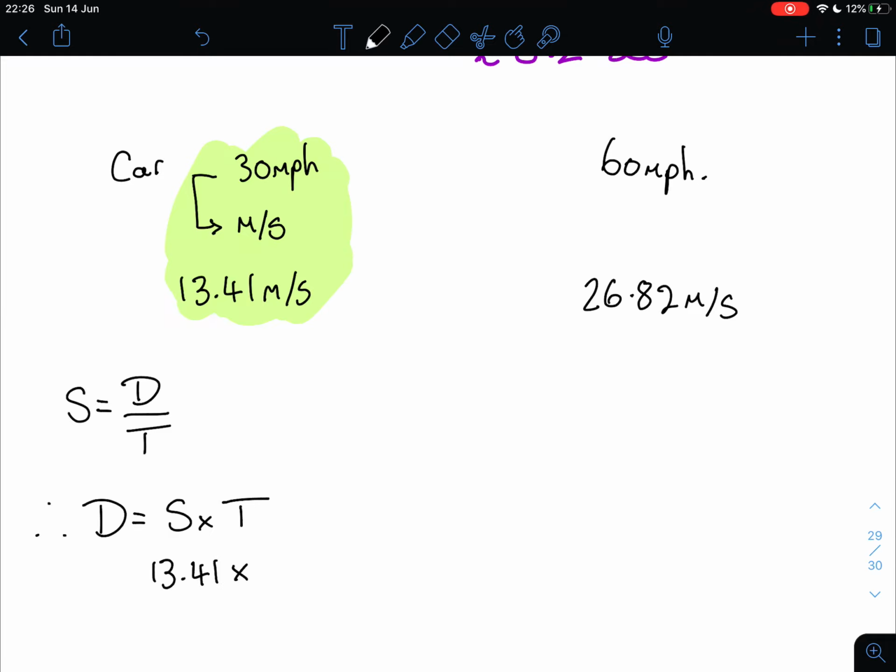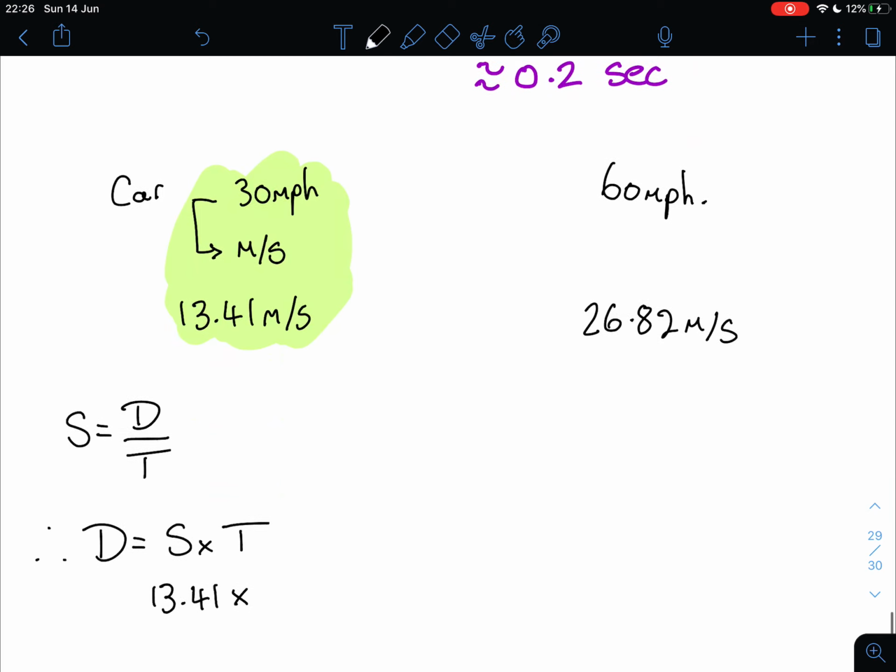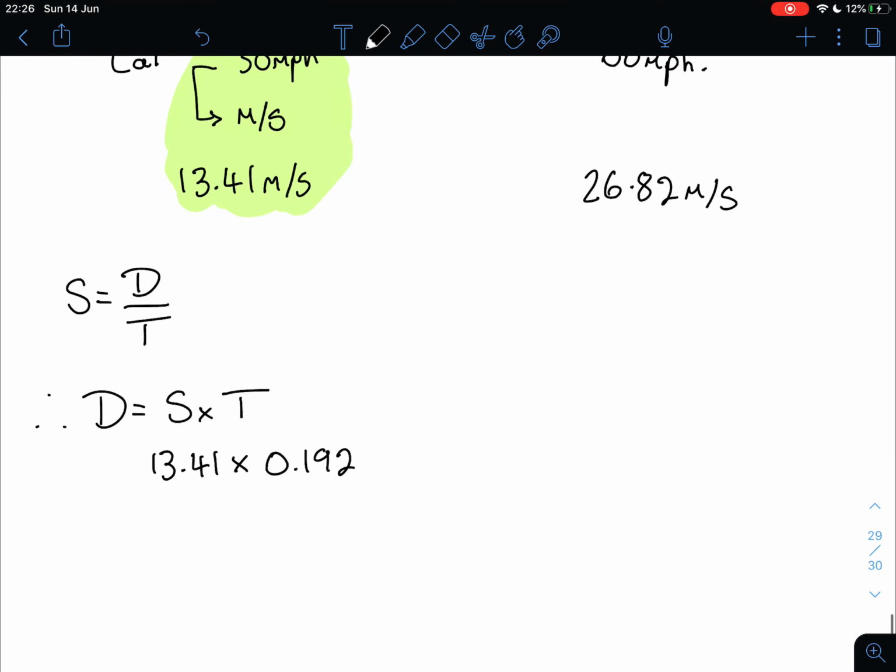13.41 multiplied by my reaction time, 0.192. Get my trusty calculator out. 13.41 times 0.192. It means I would have gone, in the time it took me to think about it, 2.57 meters. So what about if I was going twice as fast?